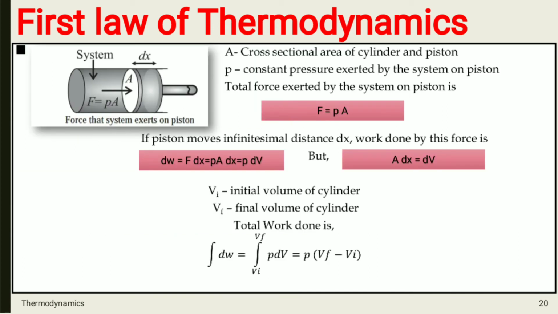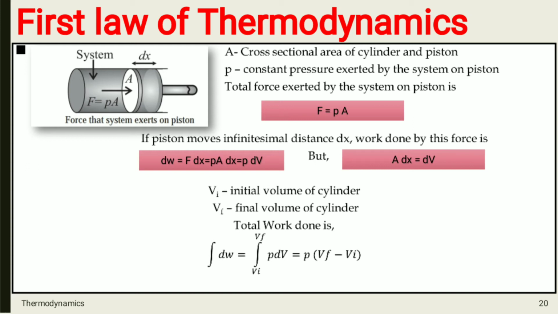Again consider the same figure in which we are not providing any external energy in the form of heat to the system or to the gas. Then gas molecules are striking on the piston. The piston is moving outside, near the edges of the cylinder, but we are not providing any external energy.